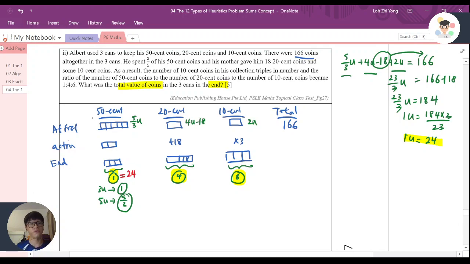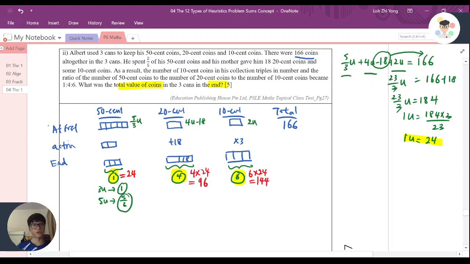It means I have 24 50-cent coins. 4 times 24, press on the calculator, I know it's 96 coins. And we have 6 here, so 6 times 24. I have 144 coins here.